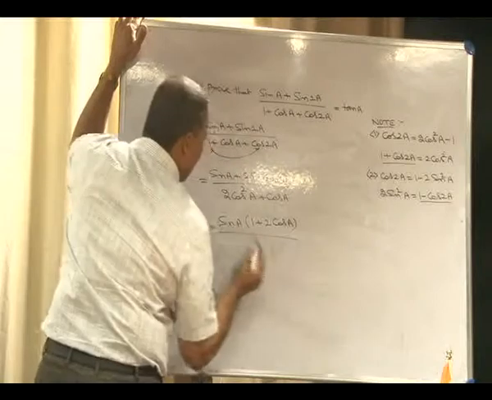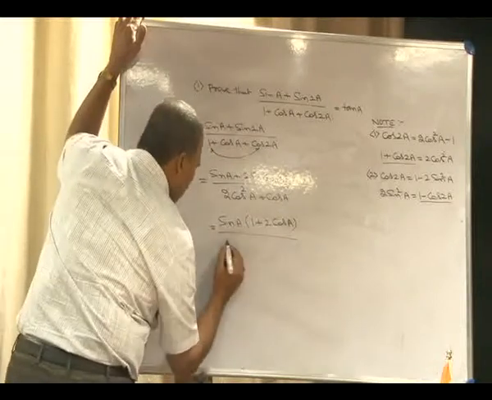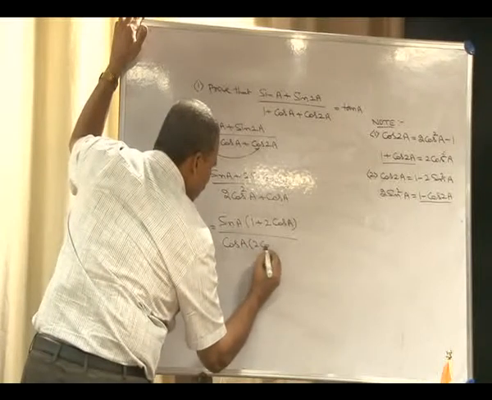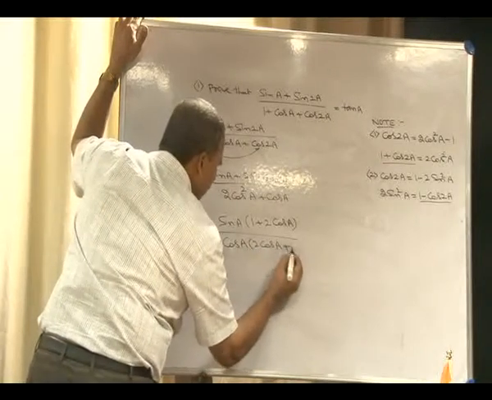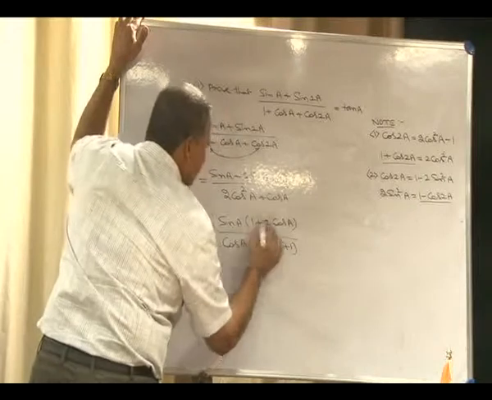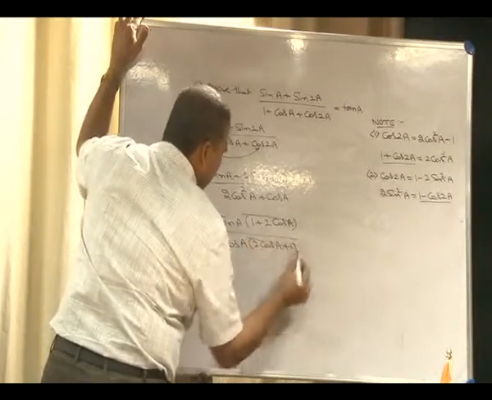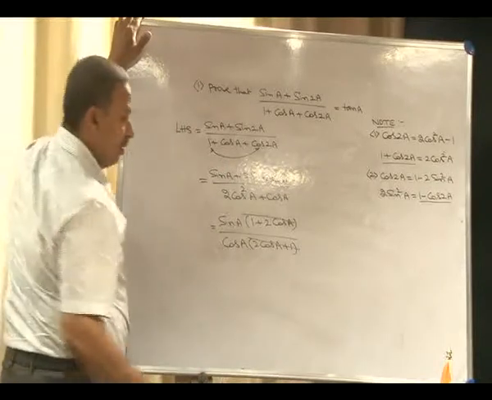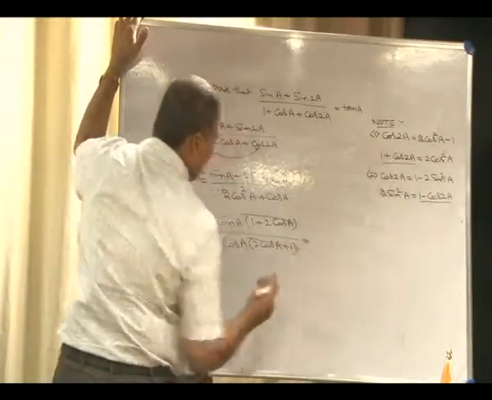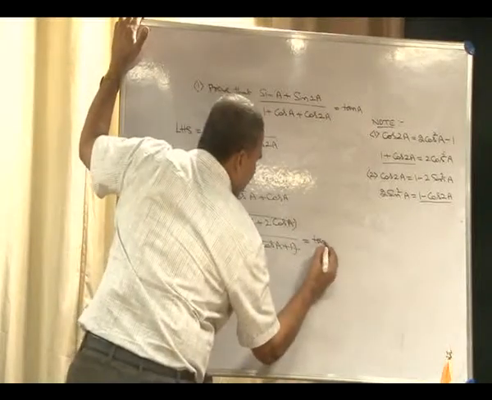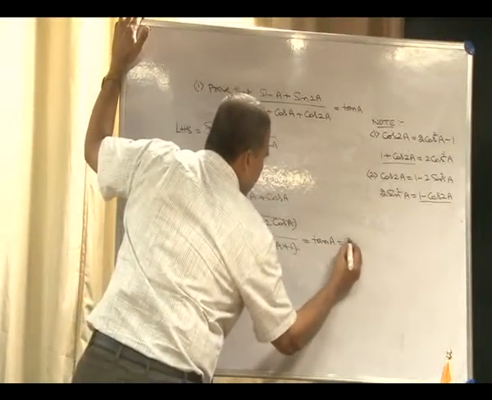In the denominator, cos A is the common factor into (2 cos A plus 1). 1 plus 2 cos A and 2 cos A plus 1 are the same, cancel them in both numerator and denominator. What is sin by cos? Sin by cos is tan, that is equal to tan A, that is equal to RHS.